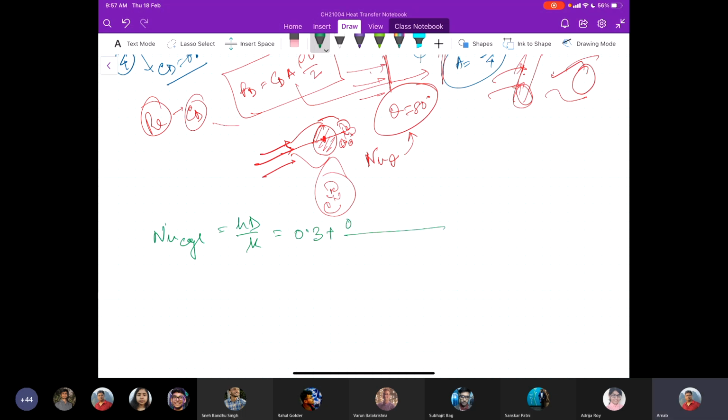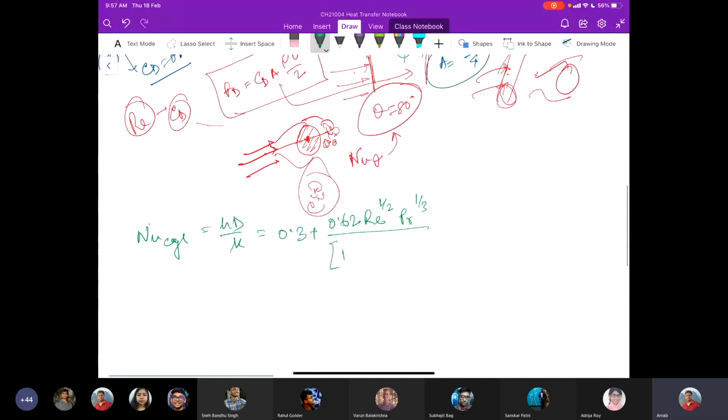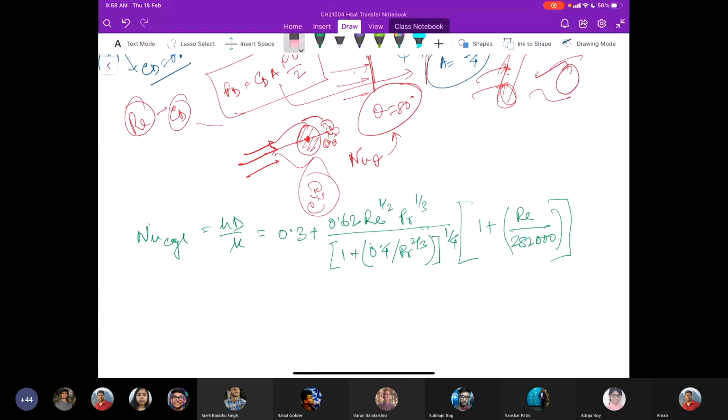So if I write the Nusselt number for the cylinder, it takes a form like this: something with 0.62, Reynolds number to the power half, Prandtl number to the power 1/3, divided by a term with Prandtl number to the power 2/3. Now this has 5/8, and the whole thing has 4/3.